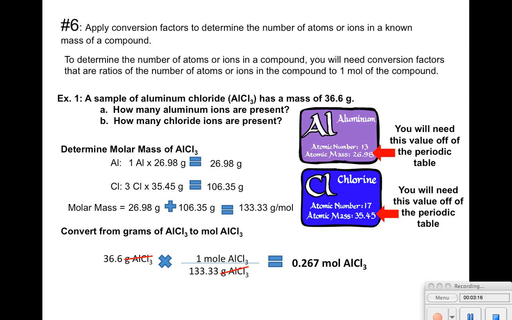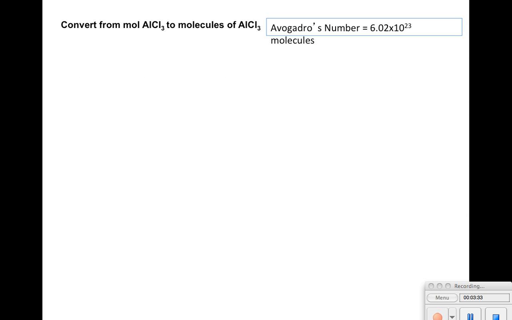Since we now have moles of aluminum chloride, we can use that number to determine how many ions are present. So let's look at how that's done. First we got to convert from moles of aluminum chloride to molecules of aluminum chloride. So we're going to have to use Avogadro's number.